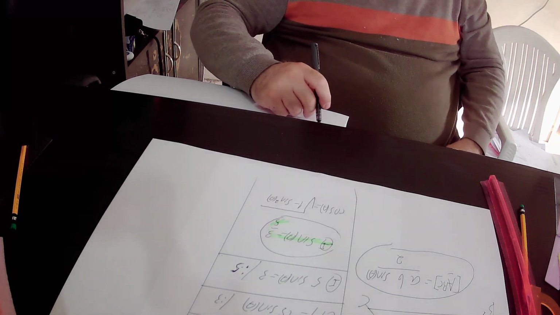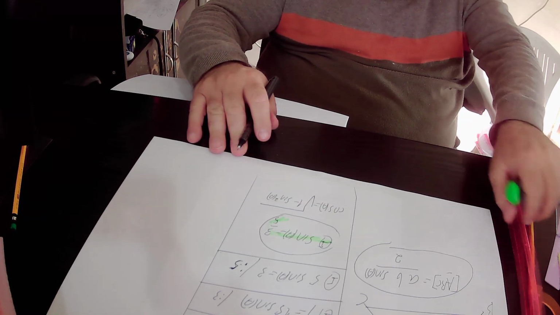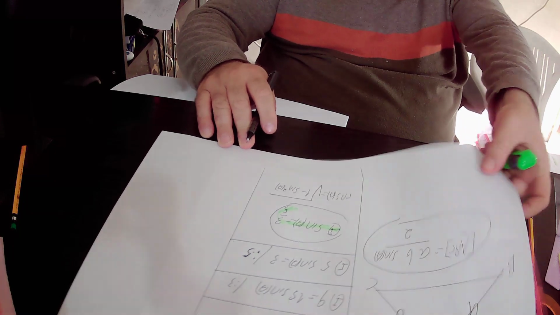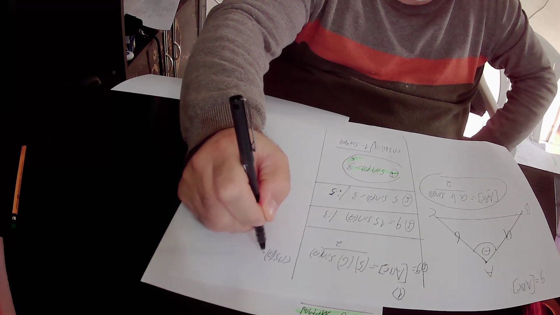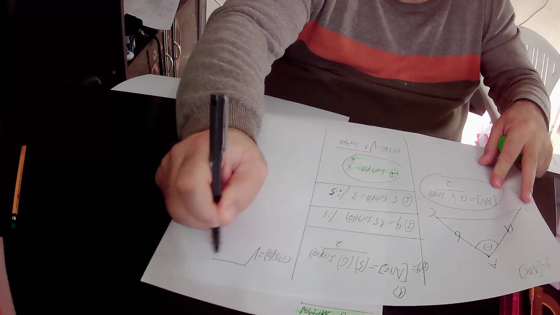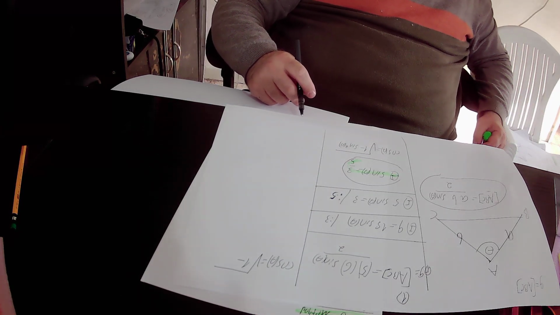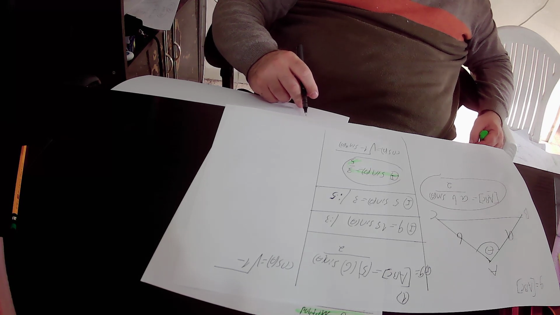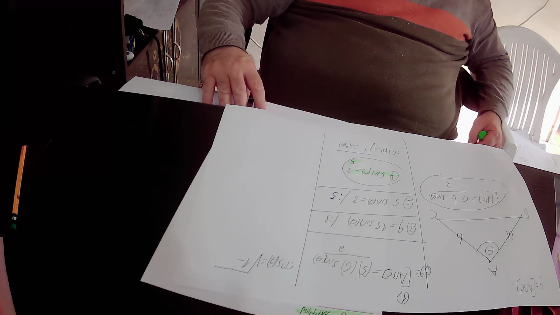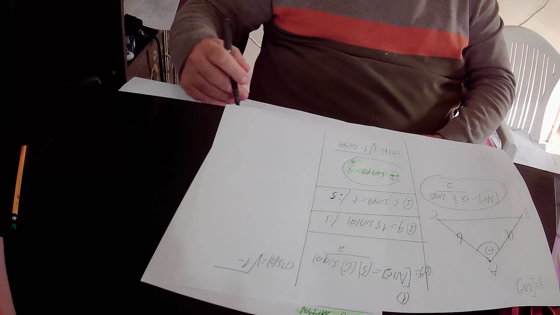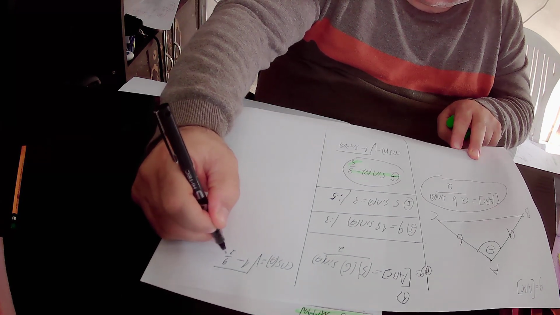Sine theta equals 3/5. If sine theta equals 3/5, it means that sine squared theta will be equal to 3/5 squared. 3/5 squared is 3 squared, that is 9, over 5 squared, that is 25.